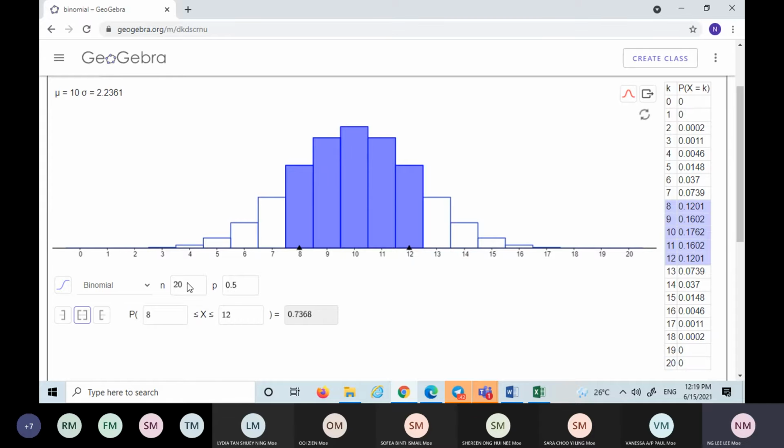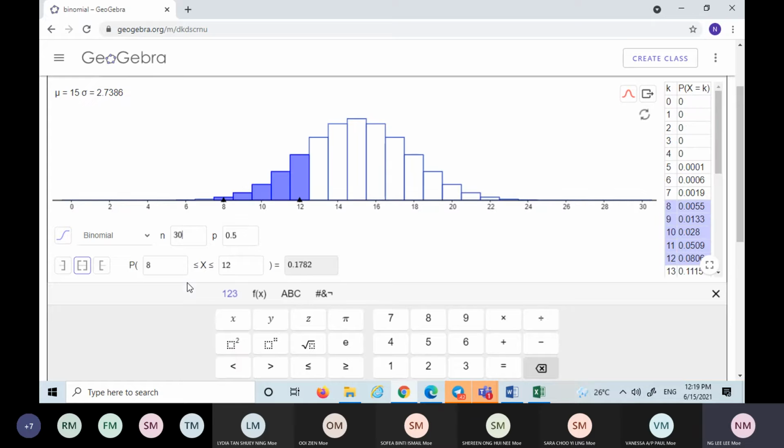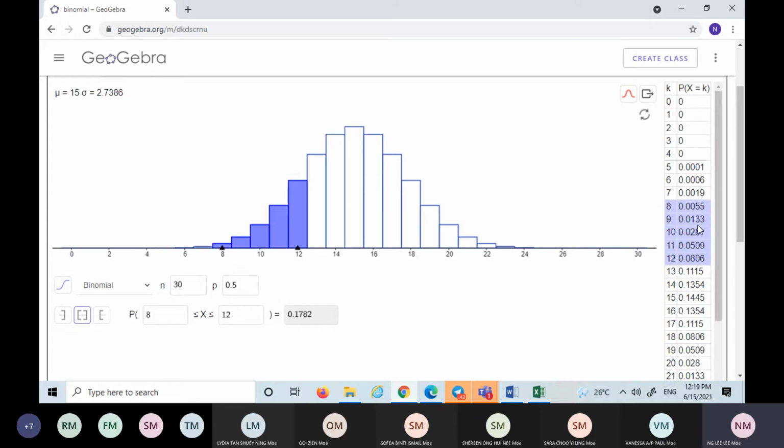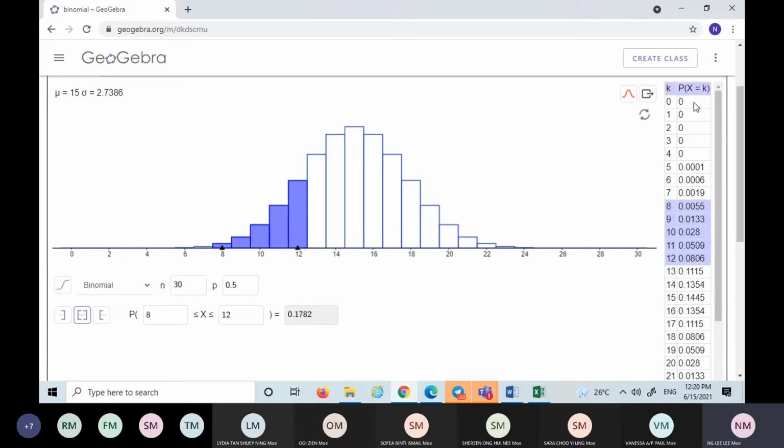Let us change to maybe 30, see what will happen. If 30, you see, same thing, towards the two ends the values are getting very near to 0, and the middle will be taller.